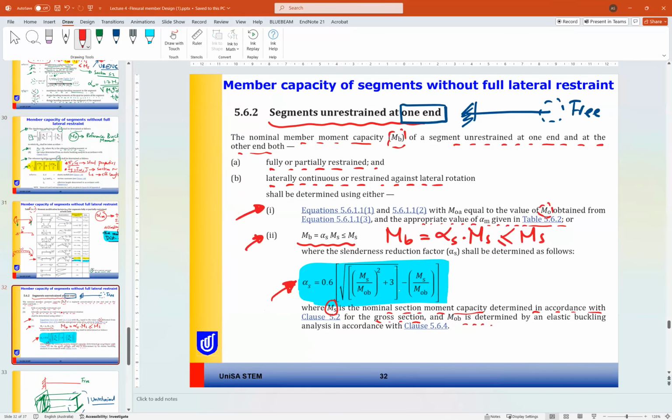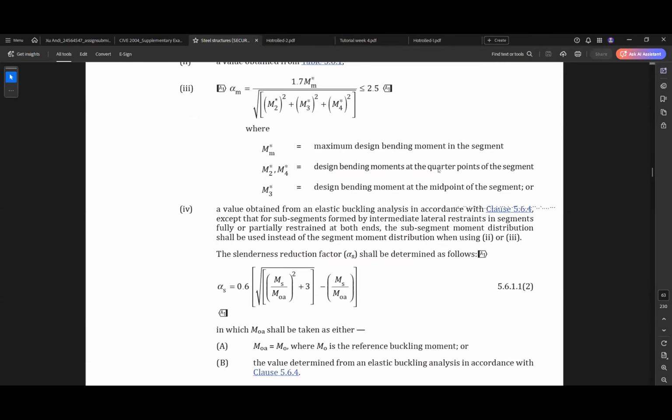For this one, we will again repeat: for laterally continuous restraint or restraint against lateral rotation, it shall be determined using either equation 5.6.1.1 or 5.6.1.2. These formulas are here, if you can see.